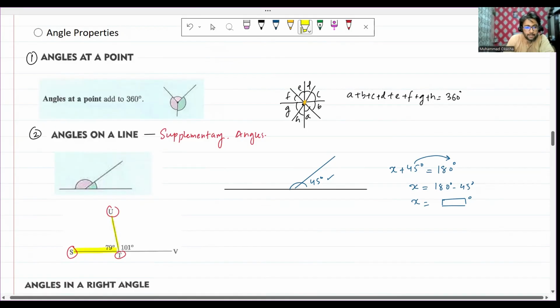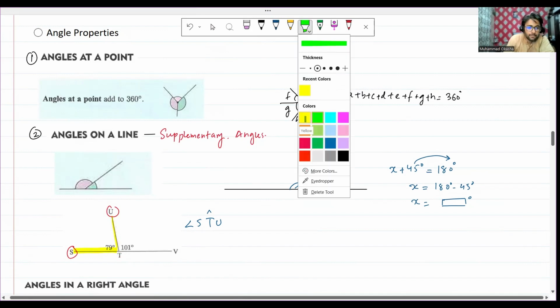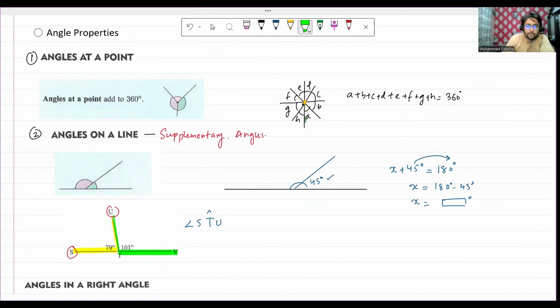I'm going to put a cap on top of T because T is in the middle. And angle UTV. This is what we mean by angle UTV. Angle STU and angle UTV are supplementary angles. How are they supplementary angles? Because they add up to give 180 degrees.